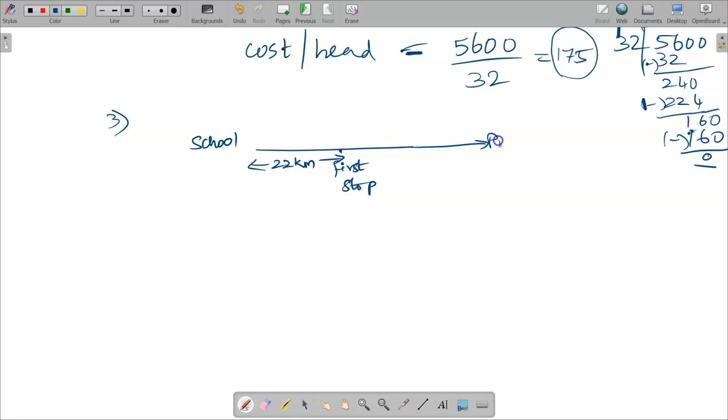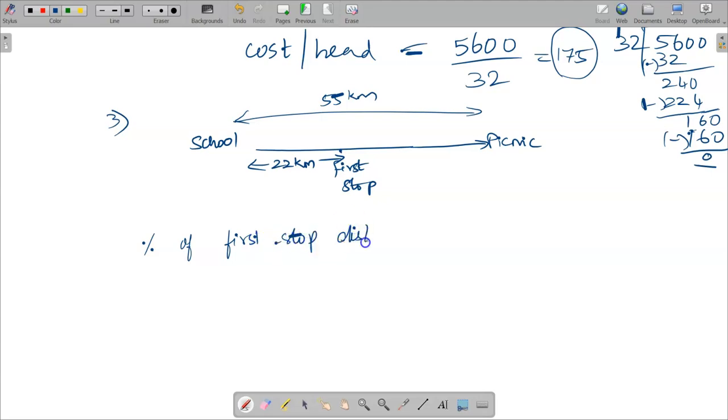And for the picnic, the total distance is 55 kilometers. So the percentage of the first stop distance, that we are going to calculate.